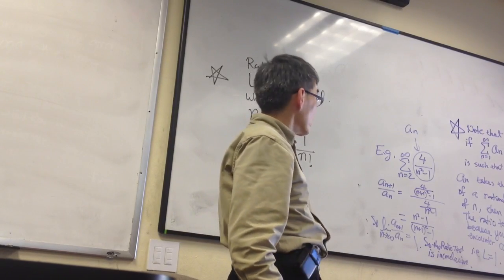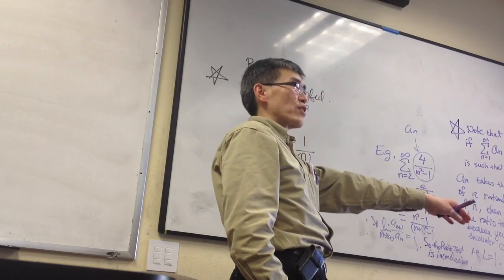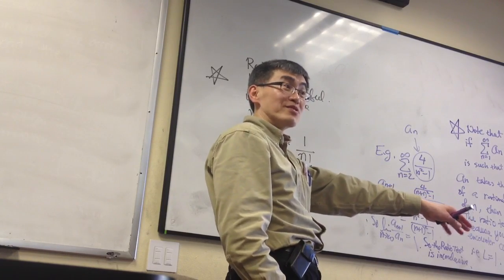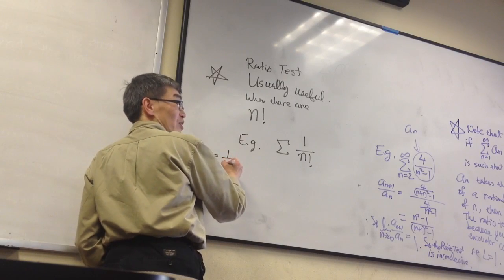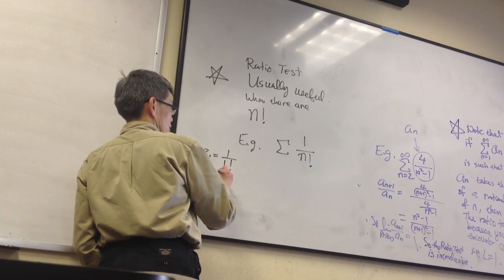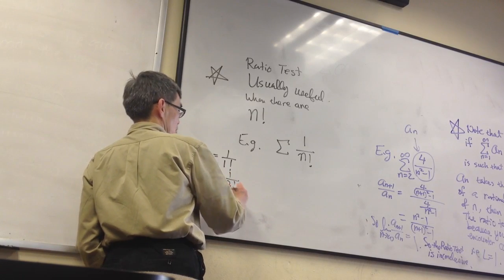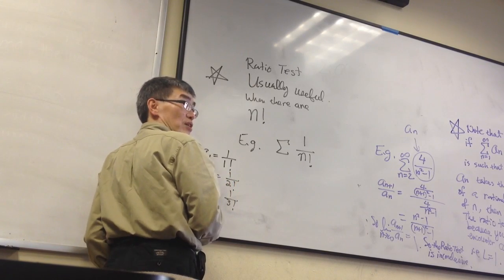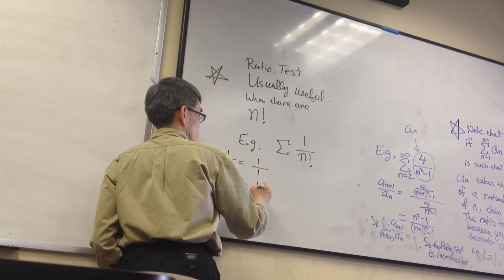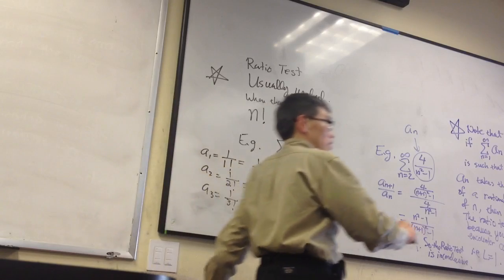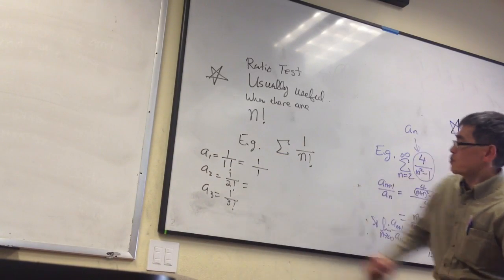Now, this one, in going from one term to the next, drops off very fast. Why? Look at a1. a1 is 1 over 1 factorial. a2 is 1 over 2 factorial. a3 is 1 over 3 factorial, and so on. So what is 1 factorial? 1. 2 factorial is 1 times 2.